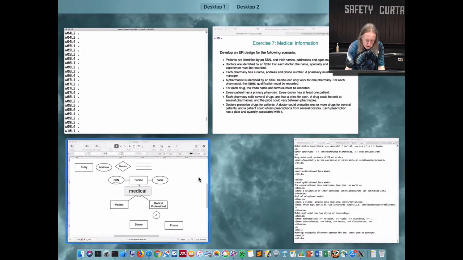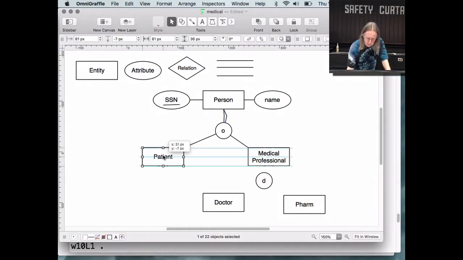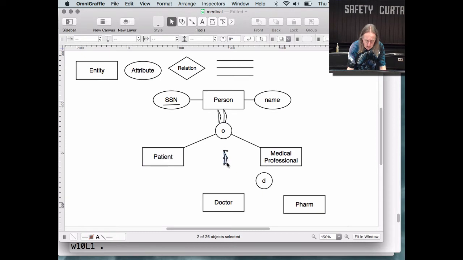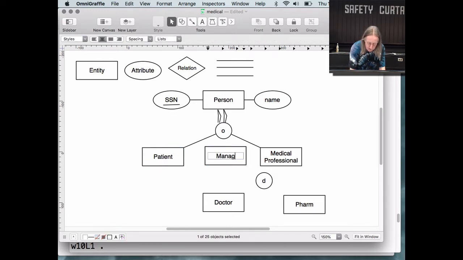Come back here. Right, this is what happens when you do it on the fly. Didn't want that. Go away. Alright, so that's another type of person. What is that thing?